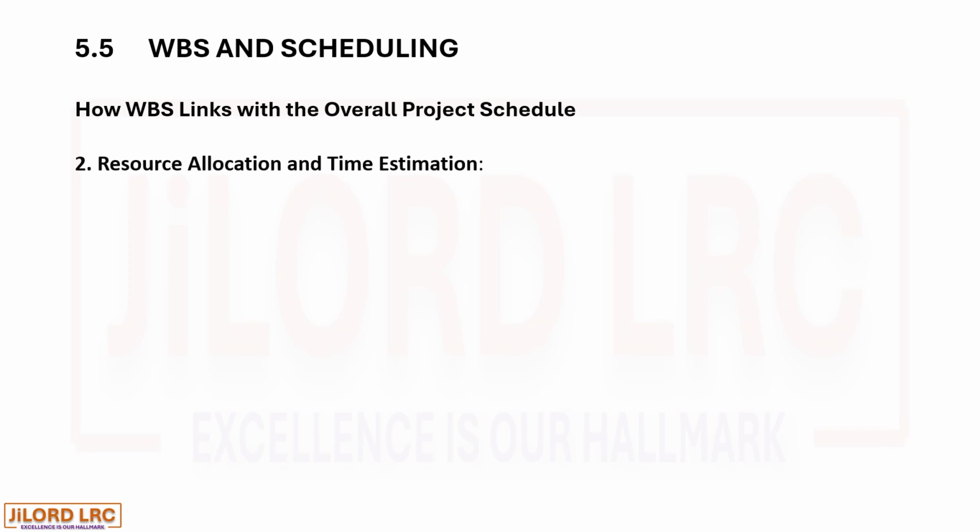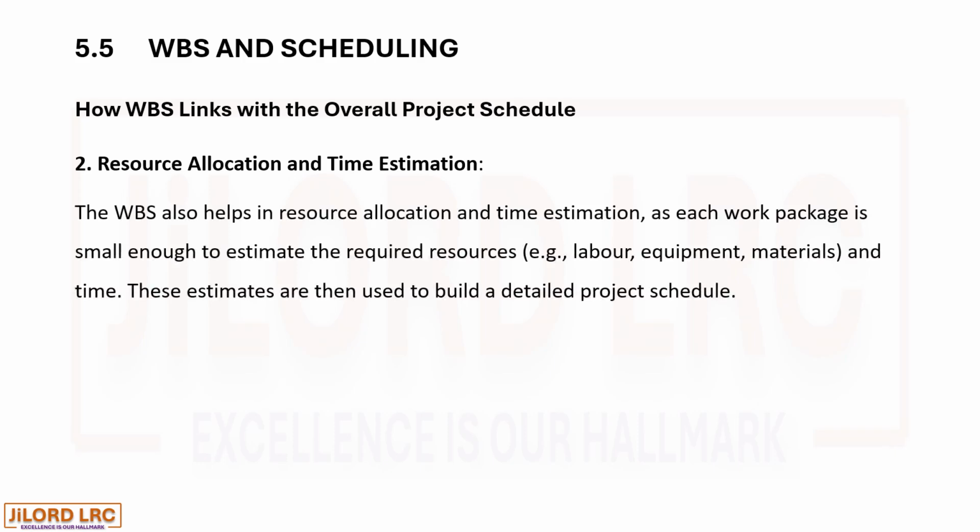2. Resource allocation and time estimation. The WBS also helps in resource allocation and time estimation, as each work package is small enough to estimate the required resources, for example, labor, equipment, materials, and time.